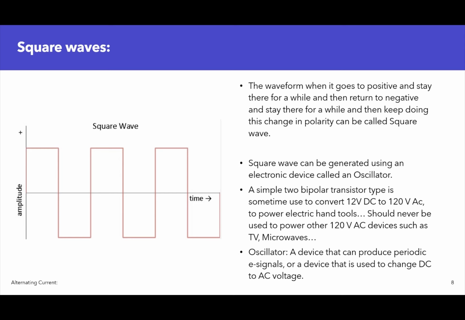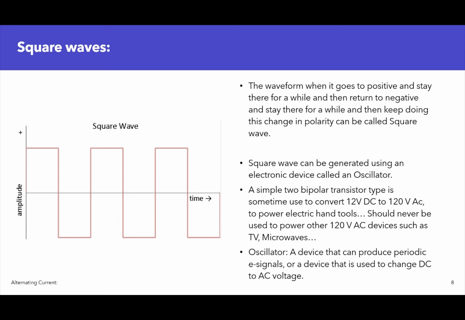That should never be used to power your 120-volt TV or microwave, because the battery life would only allow a quick use, since a TV takes a lot more power. That may damage your hand tool battery or might damage your TV.